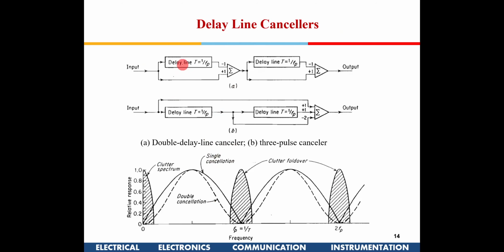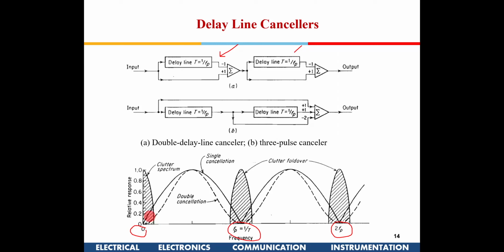Now instead of having only one delay line canceller, I can have multiple, like either this or this. So if you see here, these are my Doppler shift frequencies corresponding to the blind speeds, and this is the clutter. You see if you are using multiple stages, this is the dotted line, after the double cancellation.